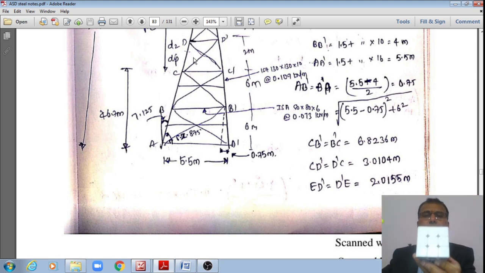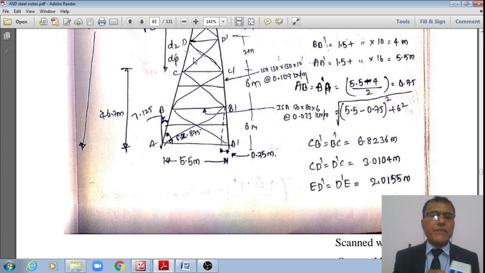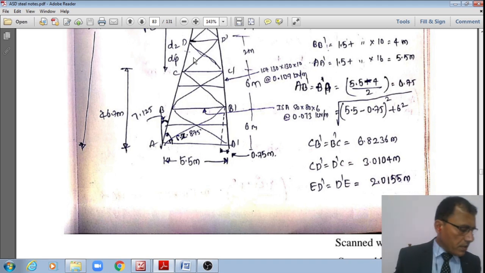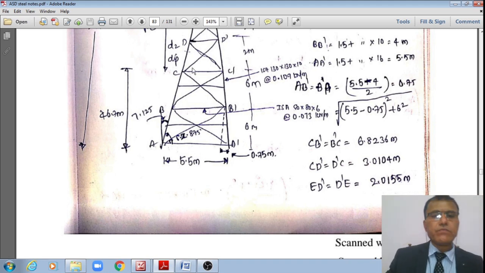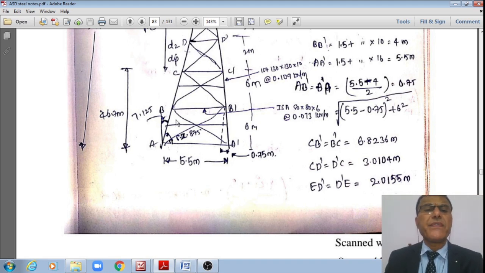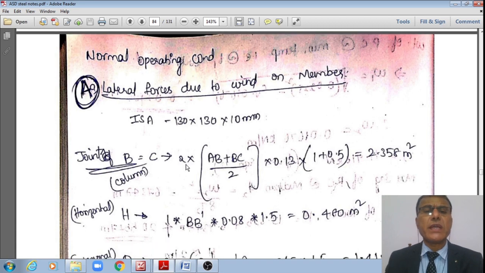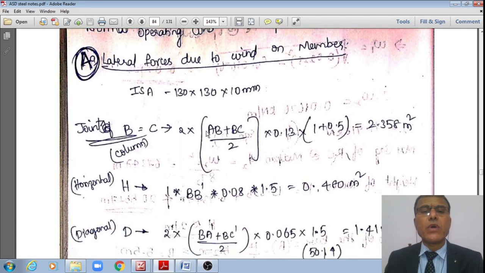In plan, this is how it can be seen. On each plane, I do have two column members. For those two columns, the average length is equal to BA plus BC, that whole divided by 2, which is self-explanatory, student. Then I do have two columns of AB plus BC divided by 2.